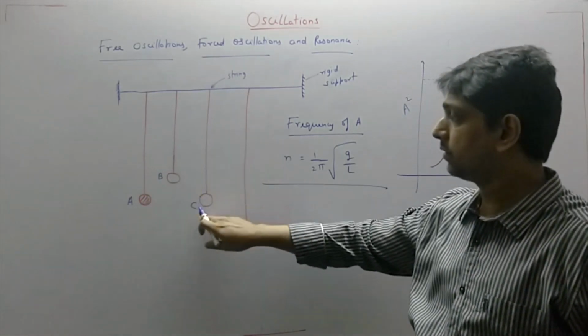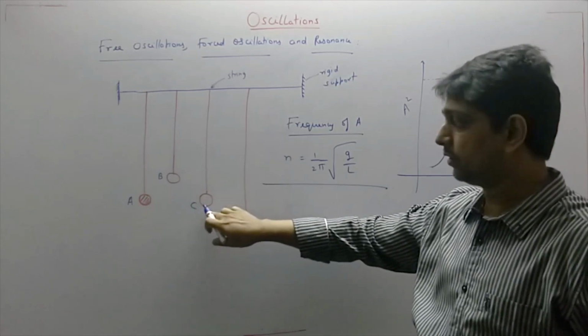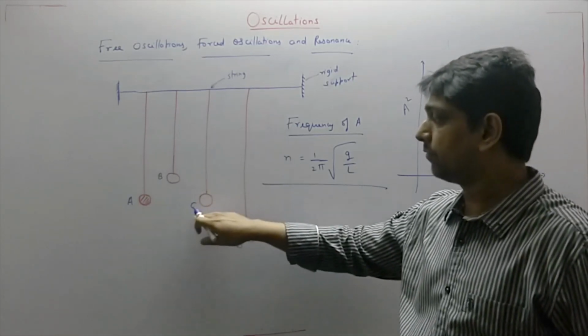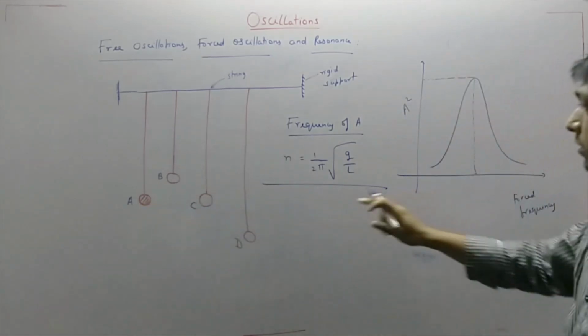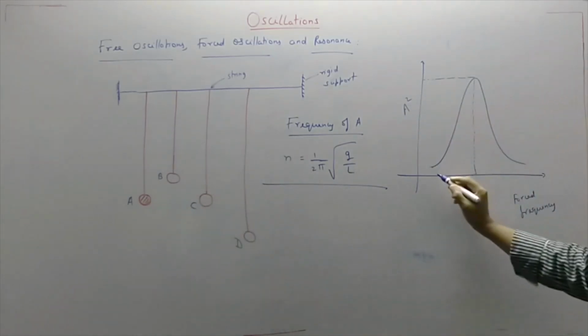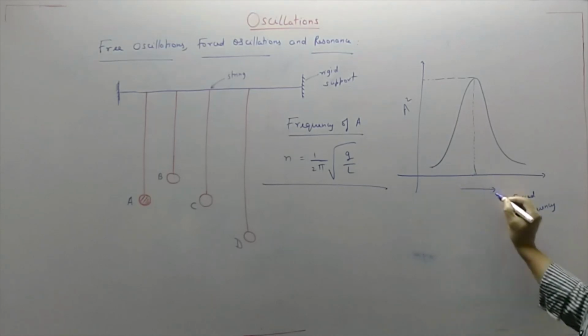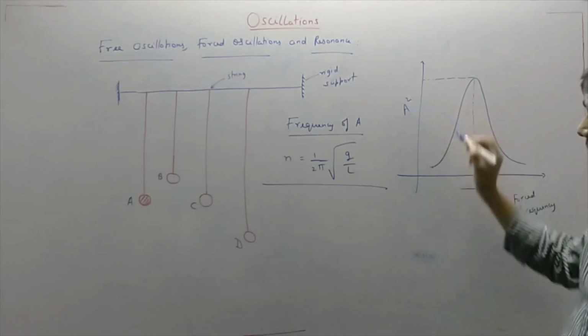Take C as the example. The C pendulum is oscillating with some frequency. Initially, C has different frequencies here due to the forced frequency, and the amplitude is less.